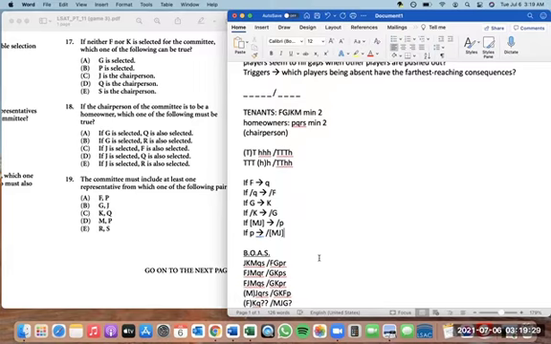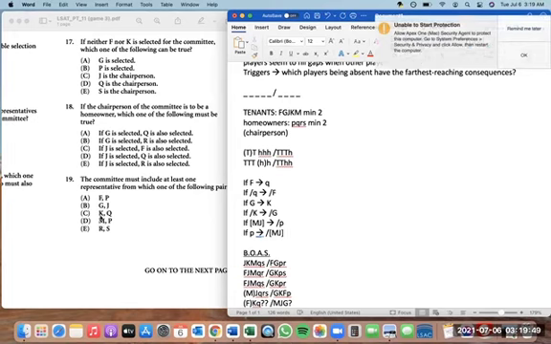Of course, not having M means that we also don't have J, and not having J means we also don't have M. So we do see triggers in B and D, but there's only one trigger in B and one trigger in D, whereas in C we see that both of those are triggers.